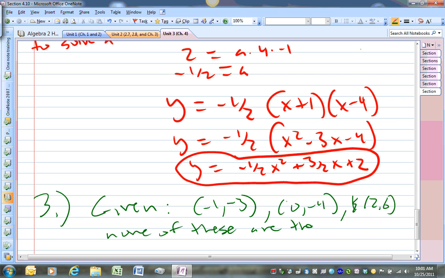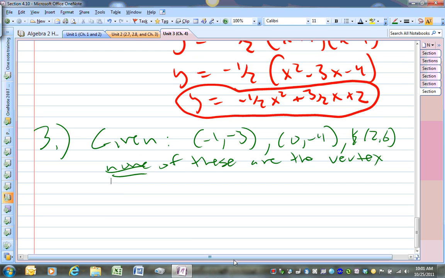None of these are the vertex. So these are 3 points that are on the parabola.